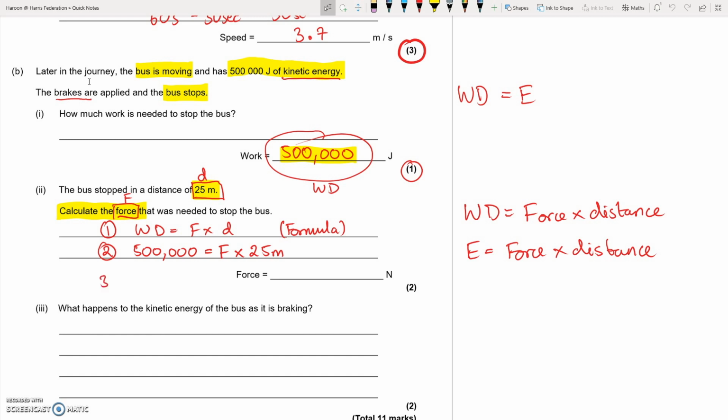I then basically rearrange my formula. So this would give me 500,000 divided by 25, which would give me the force. If I put that in my calculator, that will give me 20,000 newtons.